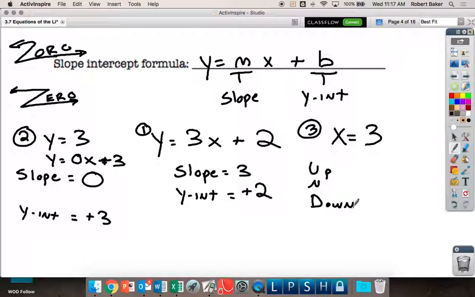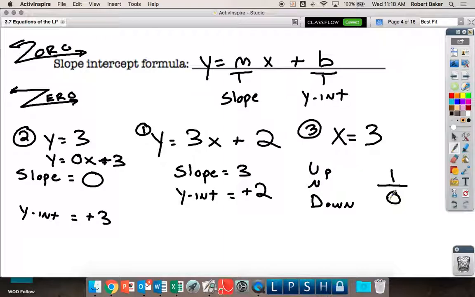An undefined slope will generally look like this. You cannot divide by 0. So it says up 1 over 0, up 1 over 0. That's how you get a vertical line, because it goes up and down. That's why I write it vertically.